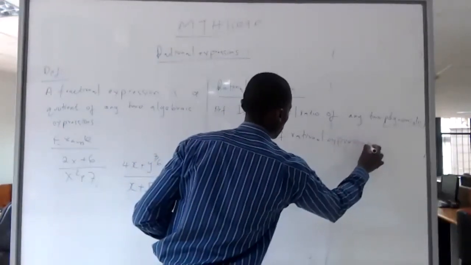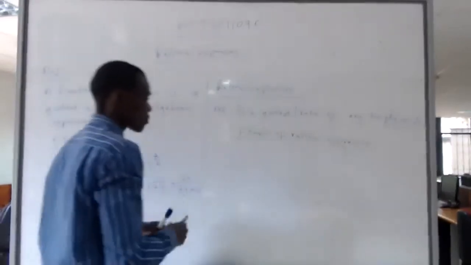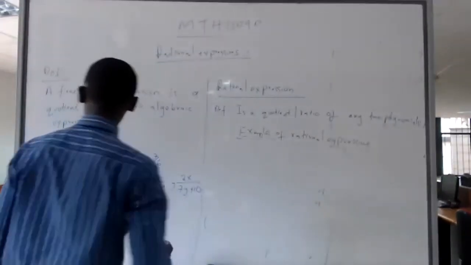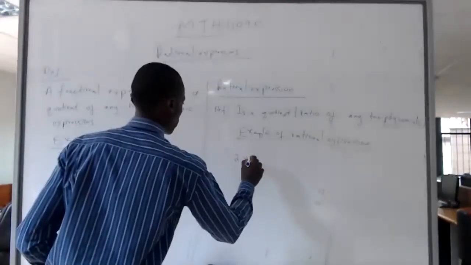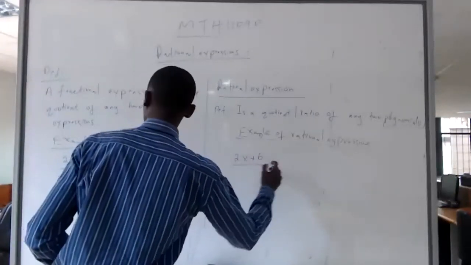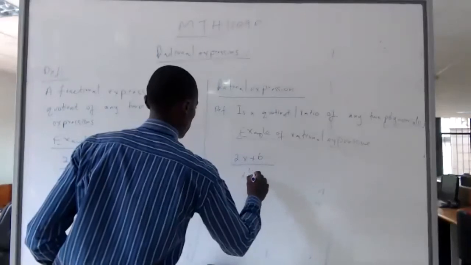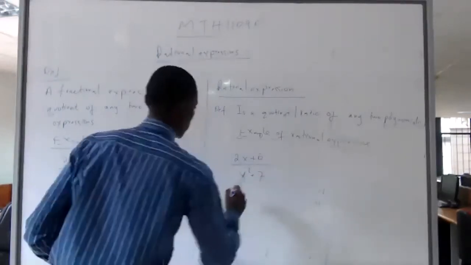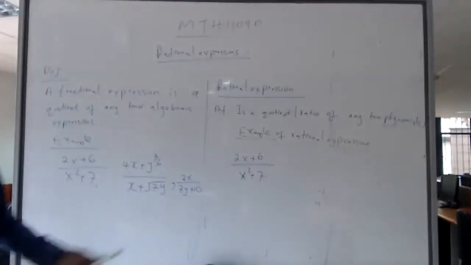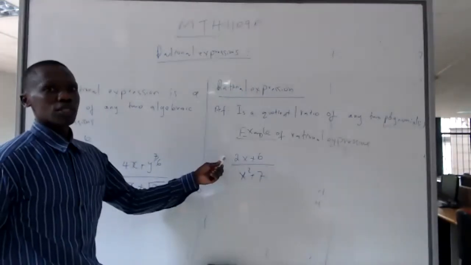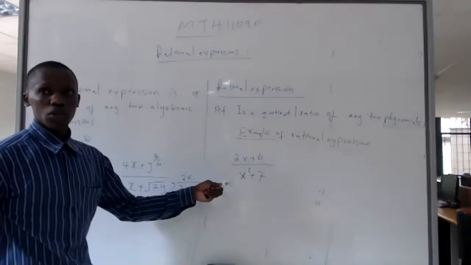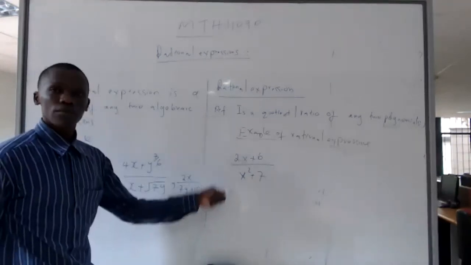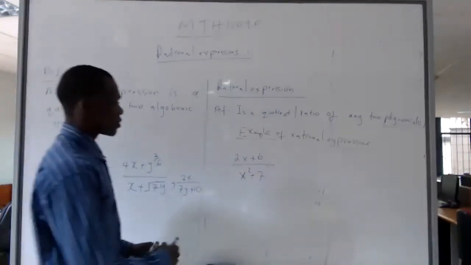For example, this first example, 2x plus 6 divided by x squared plus 7. This is a rational expression because the numerator is a linear polynomial and the denominator is a quadratic polynomial.